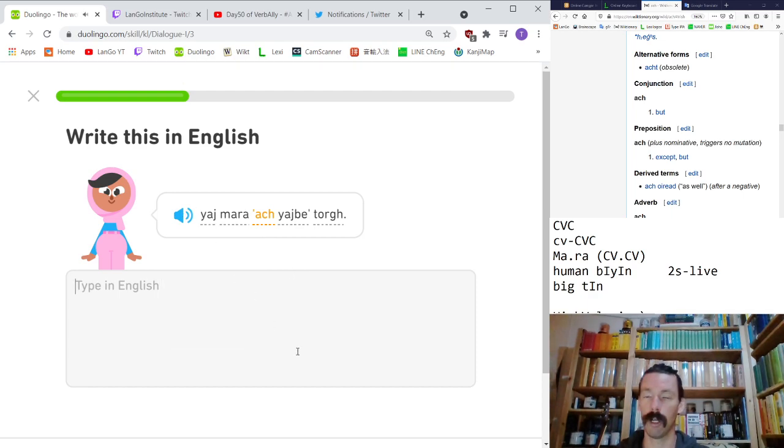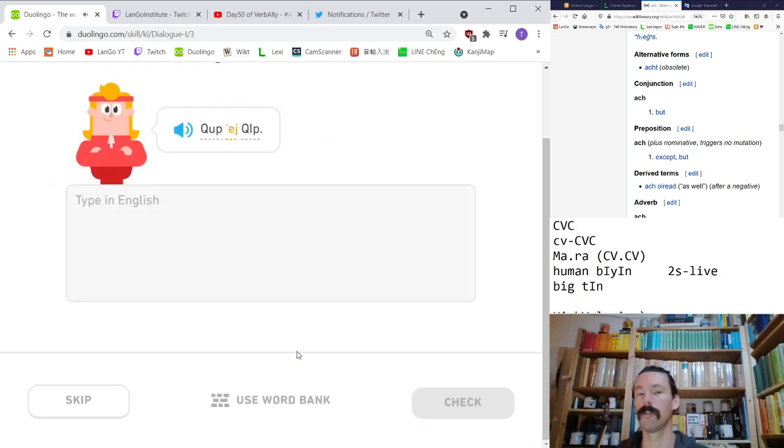So no prefix when the subject is third person. But Ach rather. Yaj bet Torg. Torg does not understand. Koop, edge, kip. Hope. These are verbs. He is Kip. He is stupid. He is young and stupid.